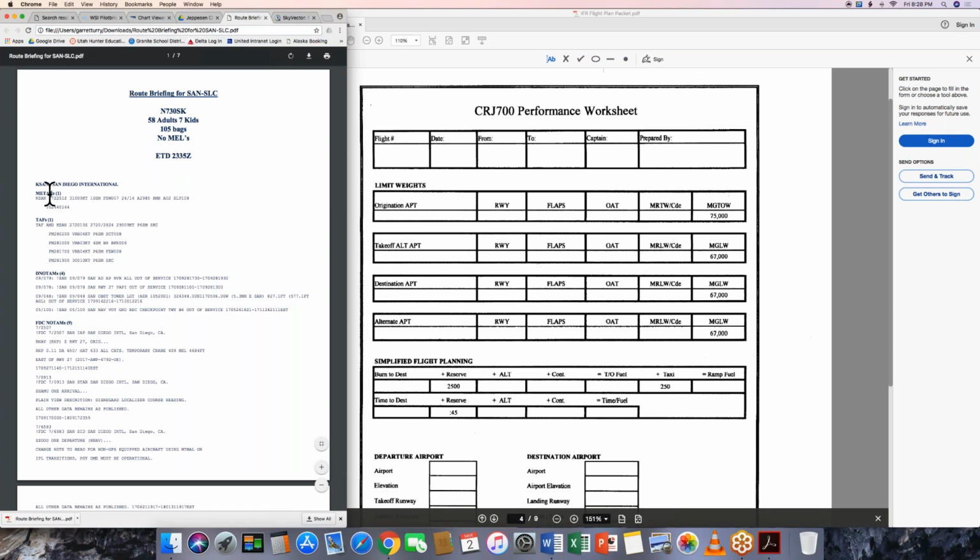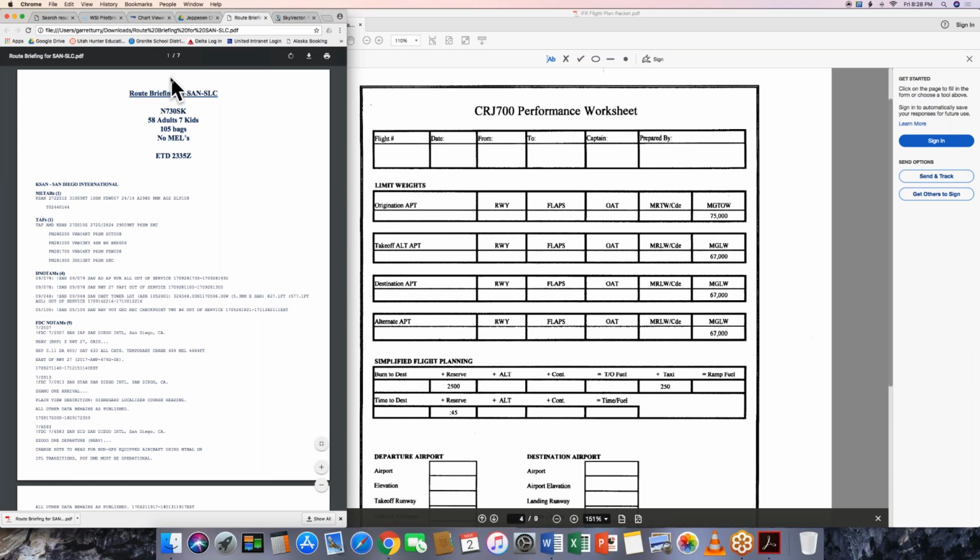Okay, San Diego. Our winds are 310 at 9. So what runway are we favoring here? Runway 27 or 9? Runway 9. Wasn't it 27?